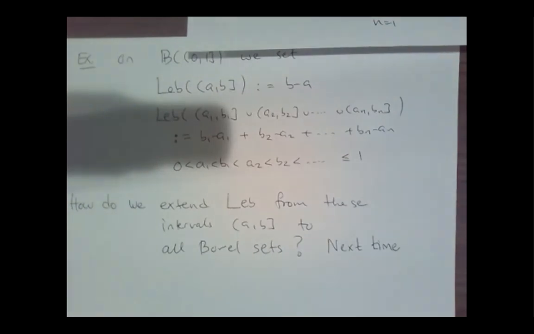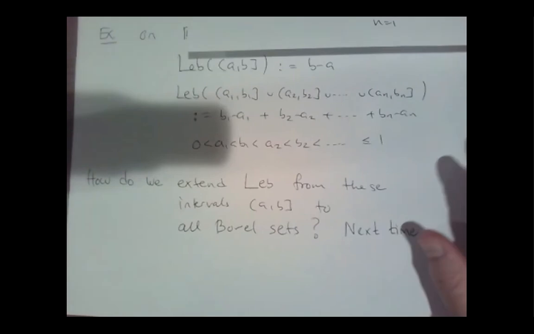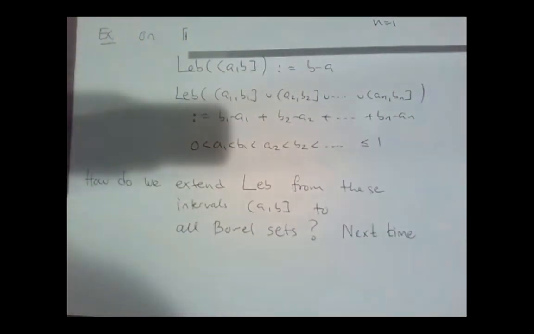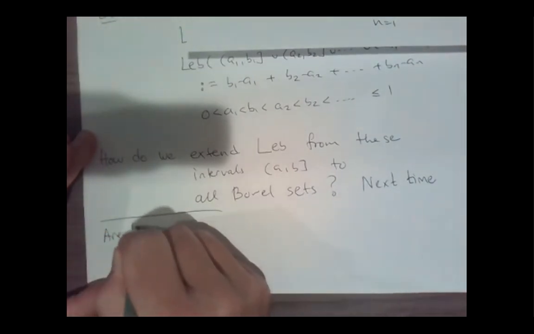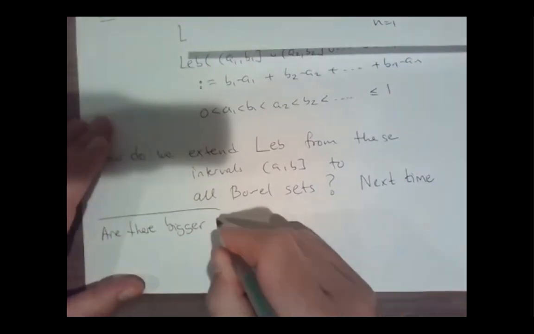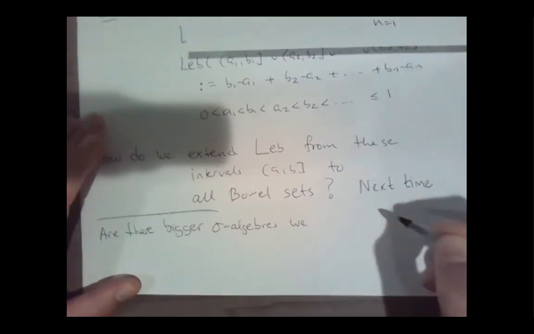We are out of time for tonight. There's a question coming up. It says, are the Borel sets the next largest sigma algebra after the Borel set? So the answer is no. That's not how it goes. So are there bigger sigma algebras we're interested in?